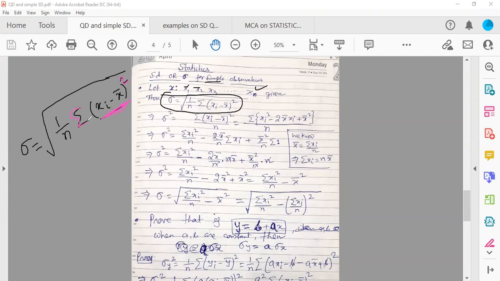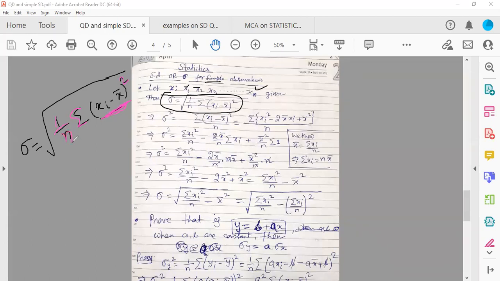So we repeat the definition: sum of the square deviation from mean, and then divide that by n. That means we get the average, n being the number of items.